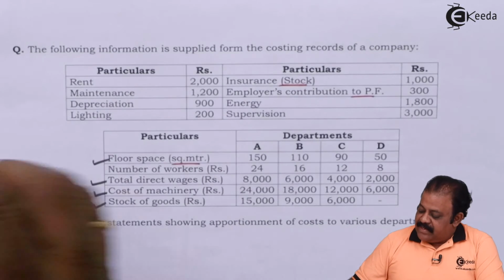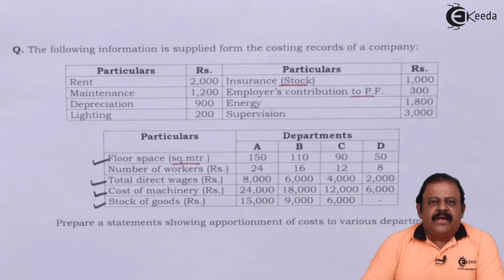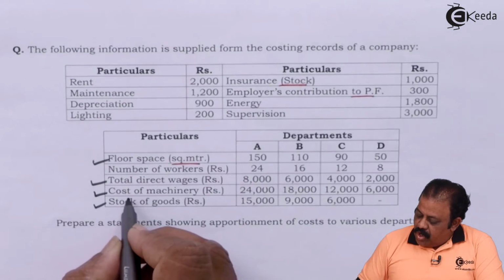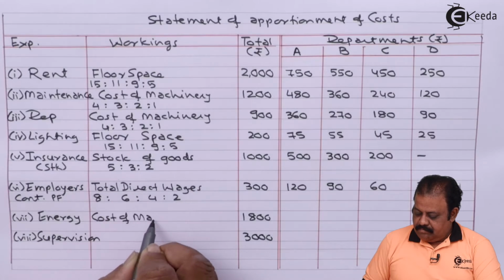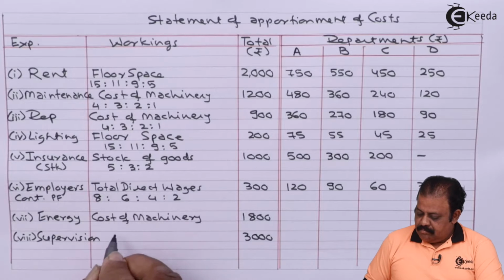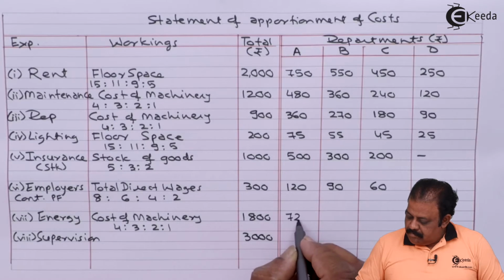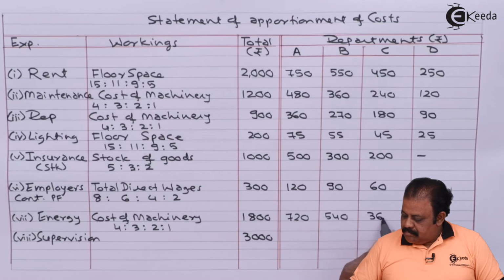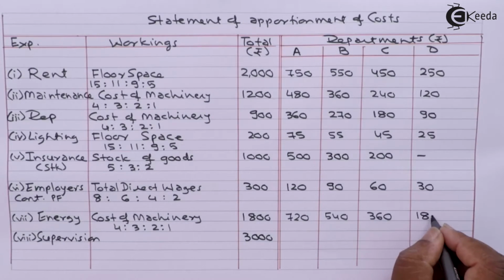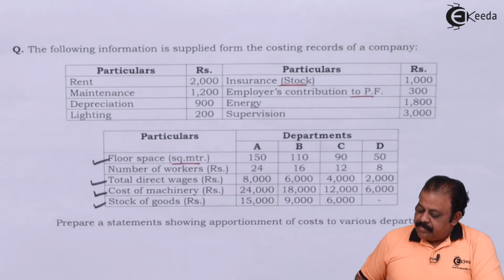Next we have expense energy 1800. This will be allocated based on cost of machinery. Next we have supervision.